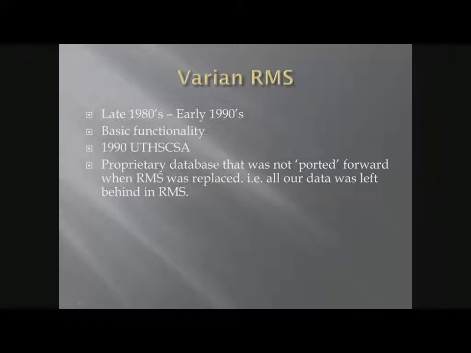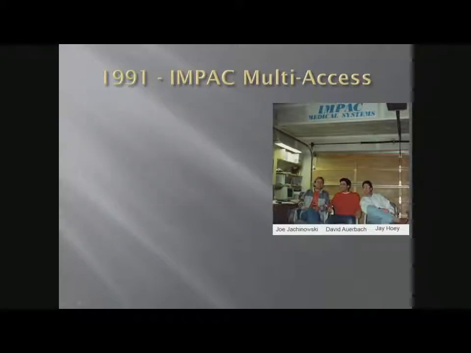When I entered graduate school in 1990 at the University of Texas Health Science Center, it was there. I remember seeing it. It was kind of a DOS-like environment. What I mainly remember was when we moved forward to the next iteration, it was, as you would expect at that time, a proprietary database, and so I remember leaving all our data behind. There wasn't any way to port it forward, so we've obviously come a long way since then.